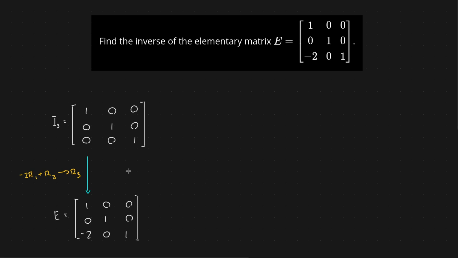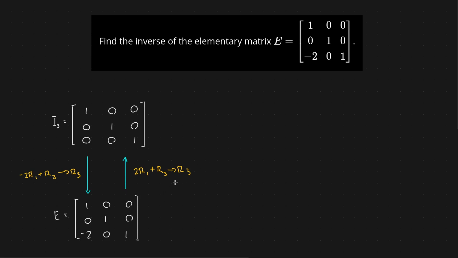What would take us back? Well, to go back, I would need to add 2 times row 1 to row 3, storing it into row 3. That would get me from here back to here. Okay. It is the opposite elementary row operation.